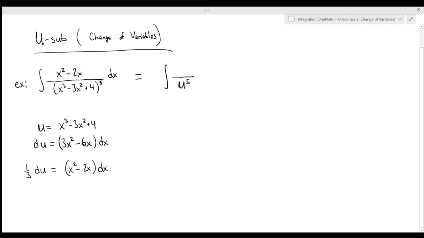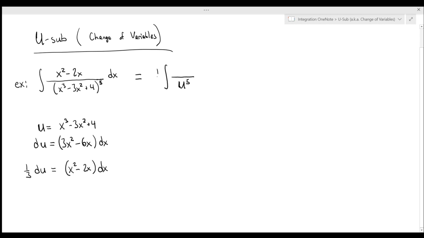All right, so it just so happens that the expression that we have here, x squared minus 2x dx, is the same as what we have up here in our integral in the numerator with the dx. So using this last equation, I can replace these two with 1/3 du.